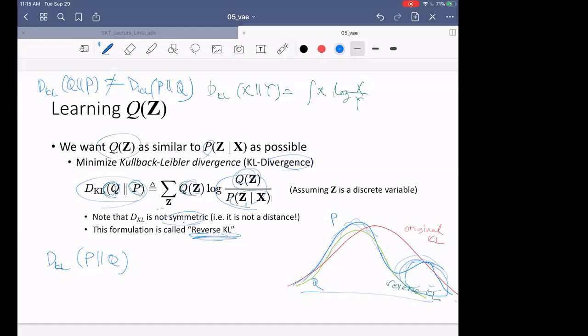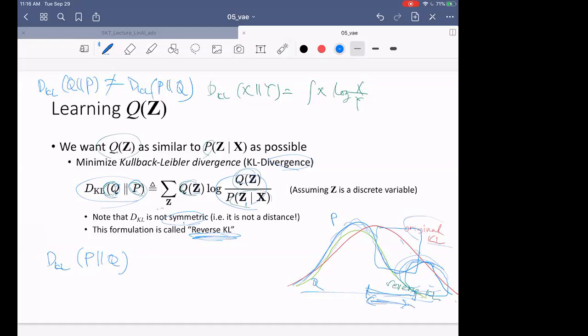But in the other case, in original KL, you are likely to draw Z's from this region, which is in fact not good, because there's not much Z living inside this region. It has lower probability in the true posterior distribution. But since you're using the original KL, there's a hefty amount of distribution assigned to this region. And when you sample from your original KL Q, you're likely to sample from this region, which doesn't actually describe the true posterior.